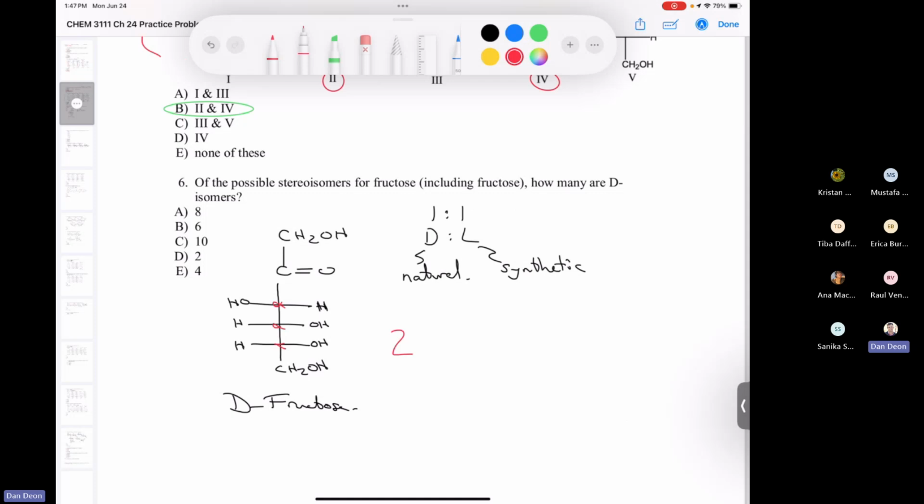So 2 to the power of 3 gives us 8 total stereoisomers. But we're going to divide that in 2 and say only 4 of them are going to be D stereoisomers. So it's 8 total, but 4 of them are going to be D and 4 of them are going to be L. So 4 of them will be D. There we go. All right, let's move on from there.